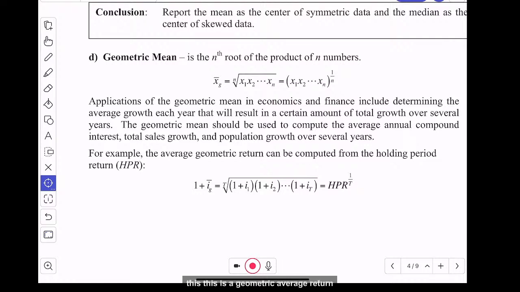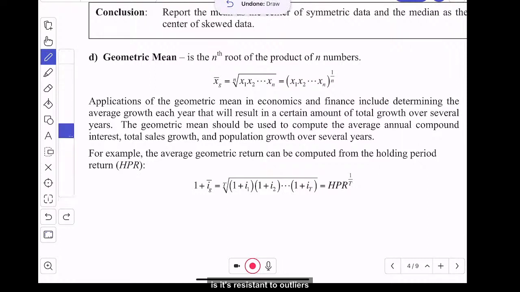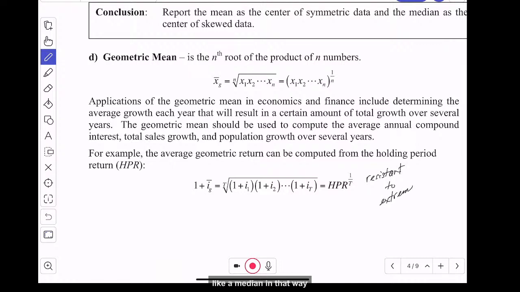This is a geometric average return. And what's really important about this is that this way of measuring the average is resistant to outliers. It's resistant to extreme values. It's like a median in that way. And we'll see an example of that next week.